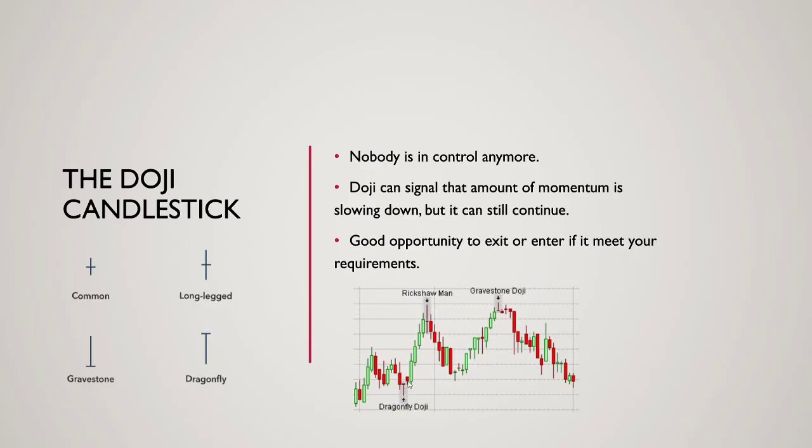Let's say you have bought at this dragonfly doji, which means it's going to go up because it has hit the support, for example. If you see, there was a support here and the dragonfly came with a long tail of rejection. It's a perfect entry, so you entered here and you saw this rickshaw man, long-legged.